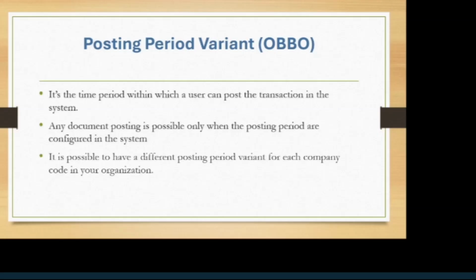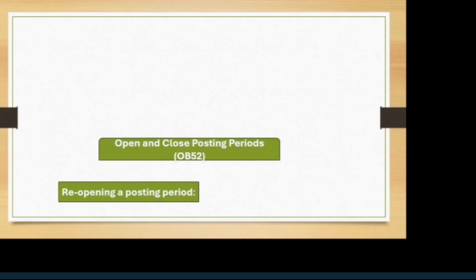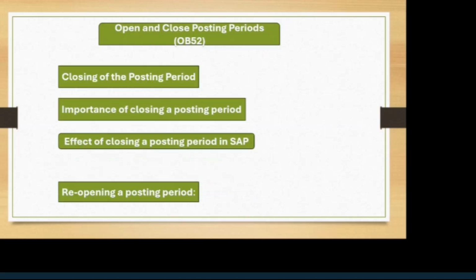It is possible to have a different posting period variant for each company code in our organization, and this posting period variant is independent of the fiscal year variant, which means a grouping of company codes with a different fiscal year can occur. Therefore, for centralizing month-end closing activities, the number of posting period variants is determined by the closing schedule of each of your company codes. So this is the posting period concept.